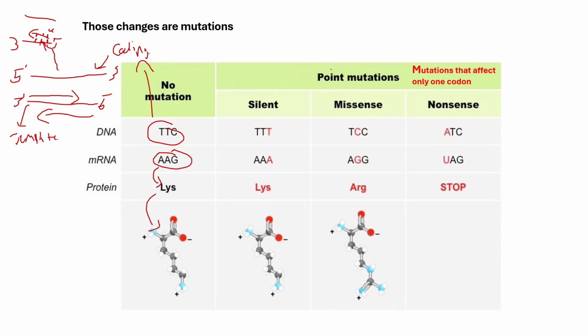Now, mutations can be important in a couple different ways. Mutations can be important by way of evolution. So organisms like bacteria, fungi, protists, and viruses depend on point mutations in order for evolution to occur.